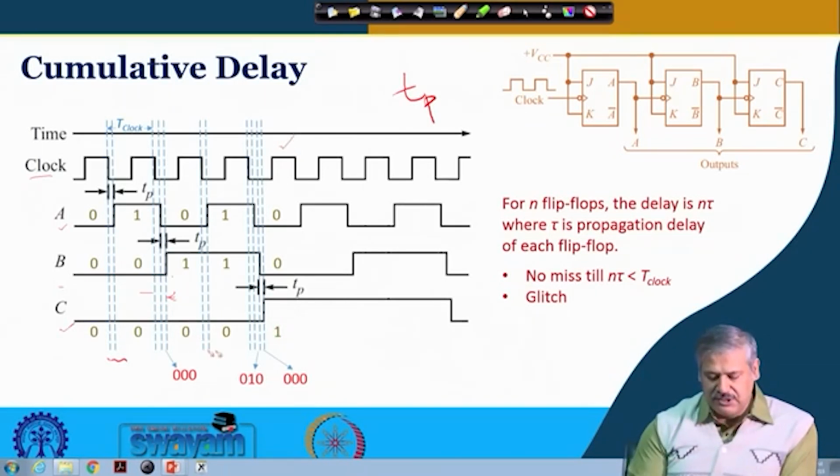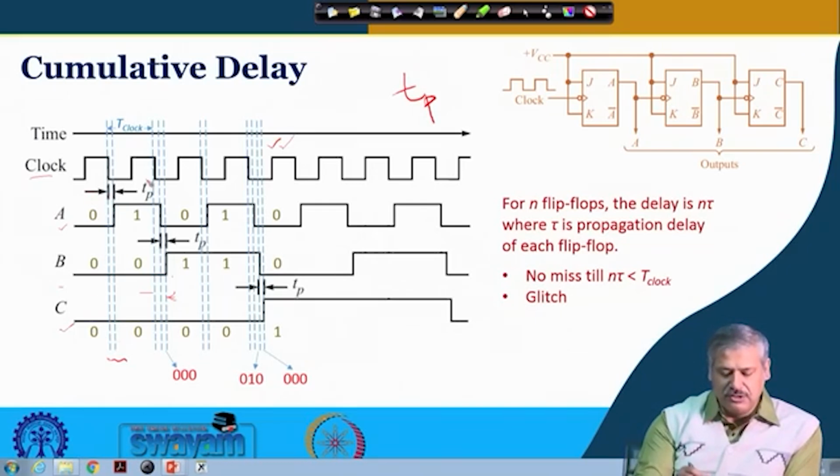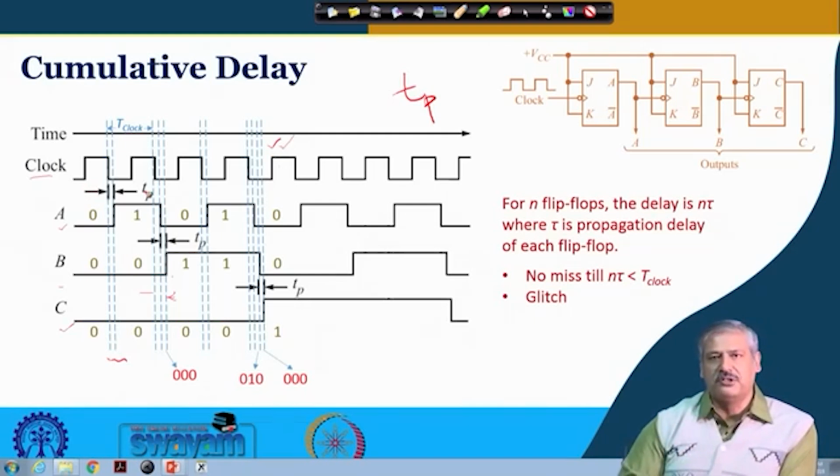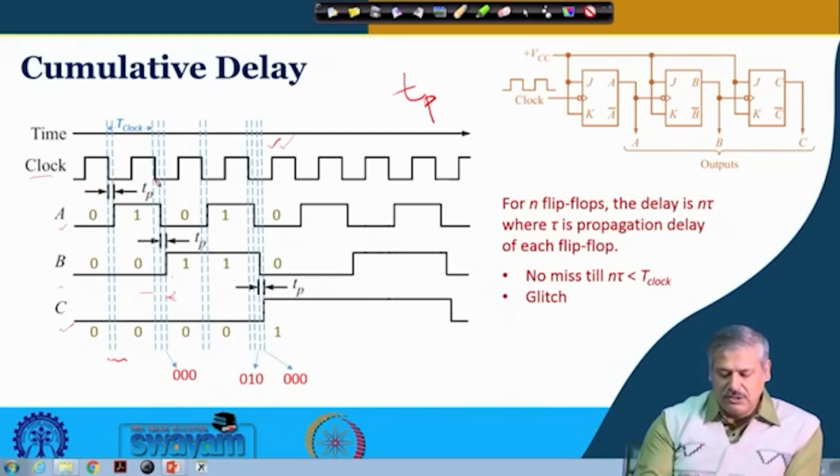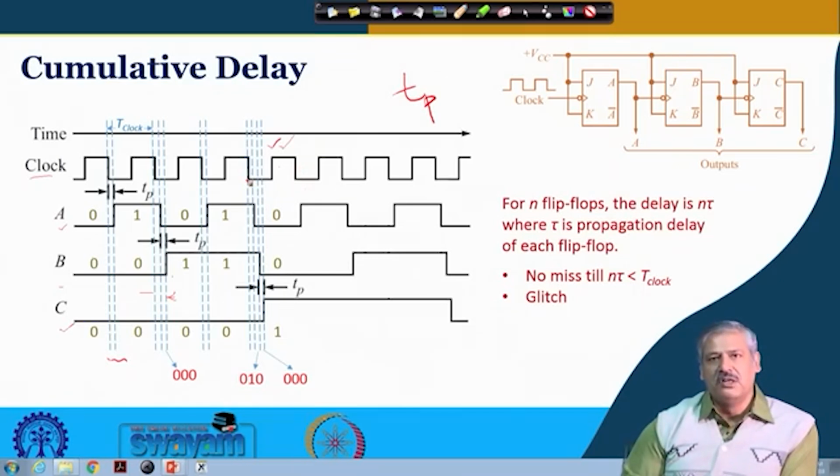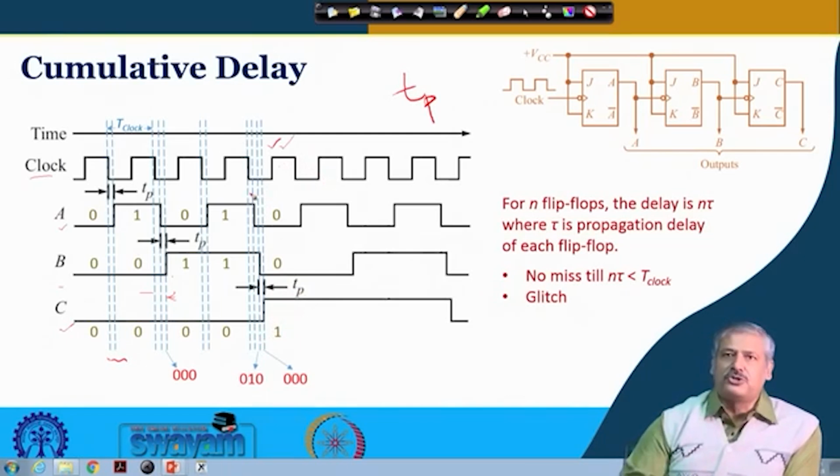For example, this is the way you see 011, then 100. This is the corresponding clock cycle: 0, 1, 2, 3, 4, the fourth clock edge after starting from 0. But if it extends beyond this, the fifth clock edge will come and 100 is not shown.